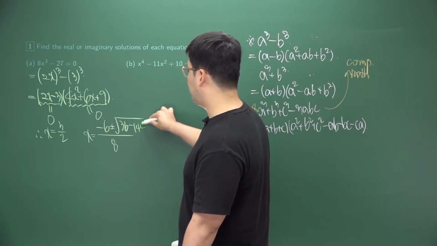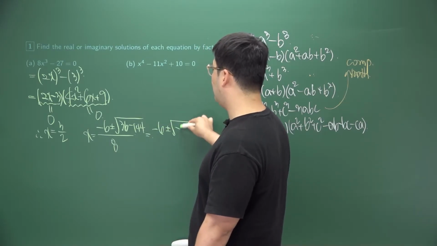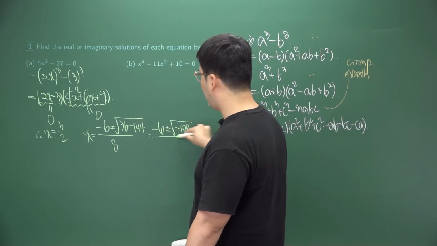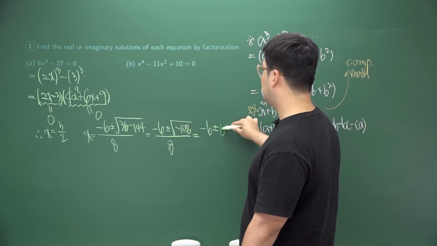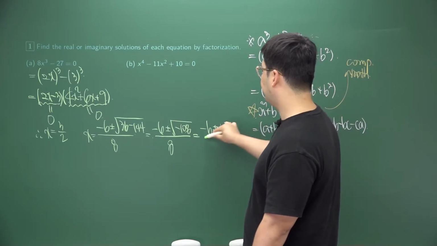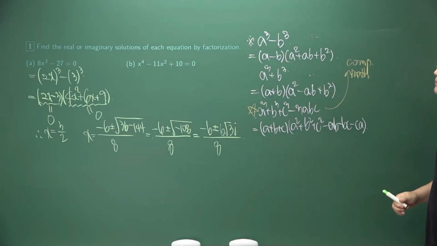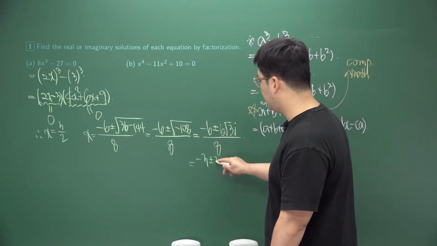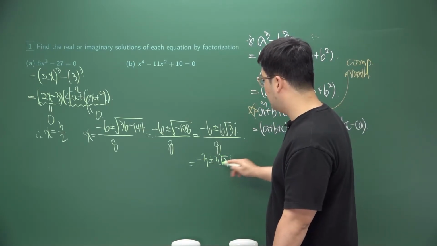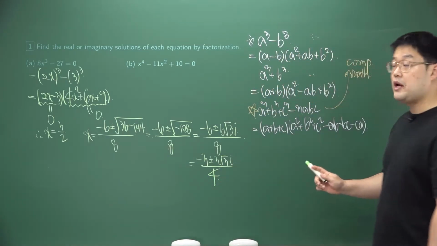That's going to be negative 6 plus or minus the square root of negative 108, divided by 8. Notice that's negative 6 plus or minus 6 root 3 i, divided by 8. We can further simplify this to negative 3 plus or minus 3 root 3 i, divided by 4. Those are the imaginary solutions.